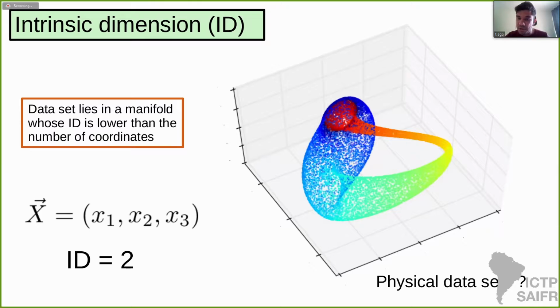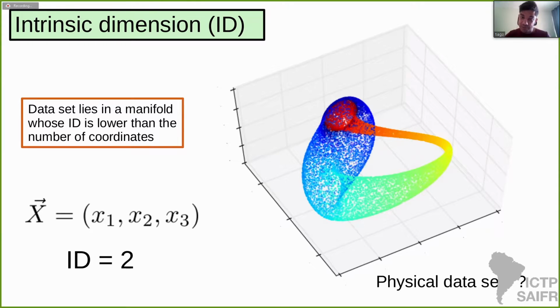Here is just an example, a Klein bottle data set. These are points that I generate with a probability distribution. I can put this data set on a surface that is twisted, but it's a 2D surface.